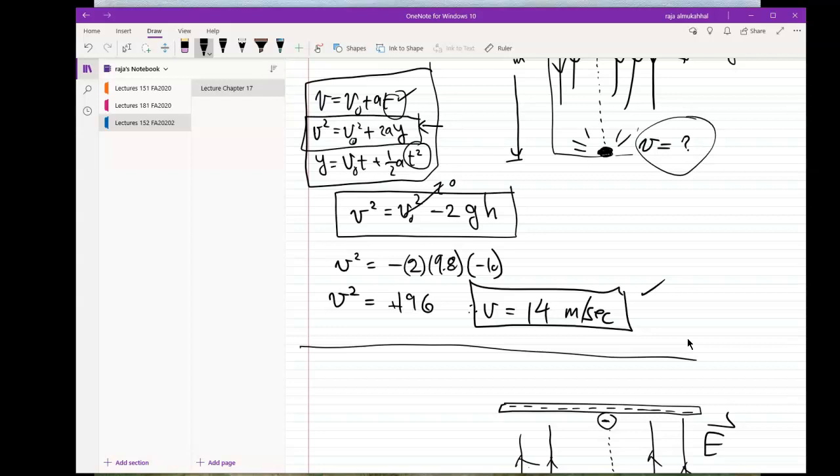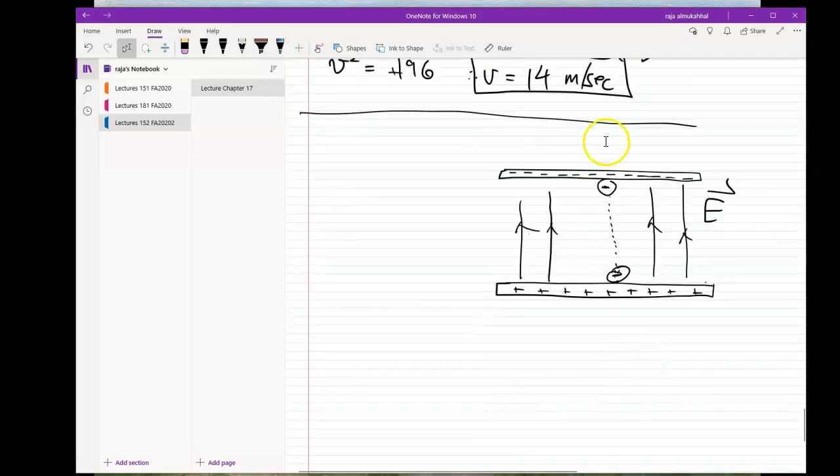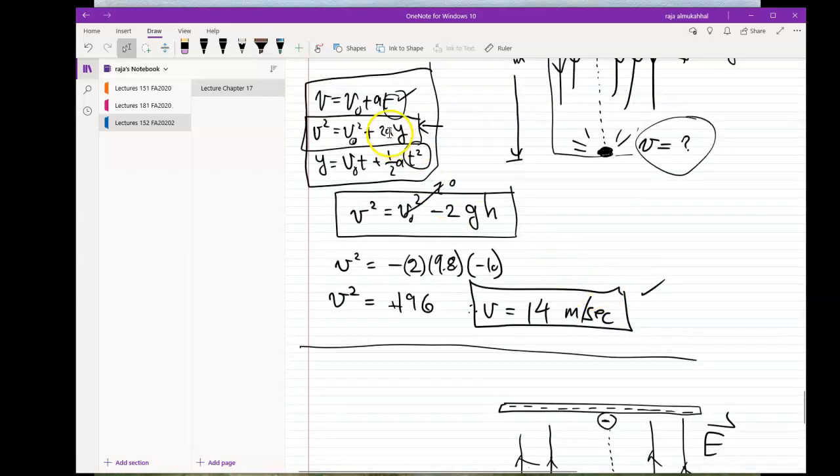The only difference is that this a right here is not g. g is for gravity, acceleration due to gravity. The electron here is not in free fall, so this a is something else. I don't know what it is for now, but it definitely is not g. I hope you believe that.